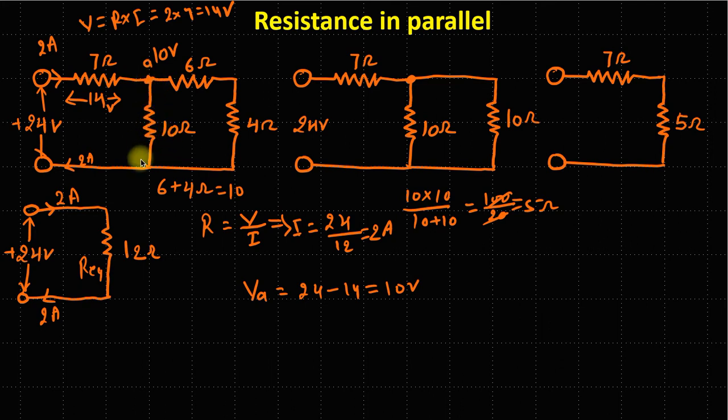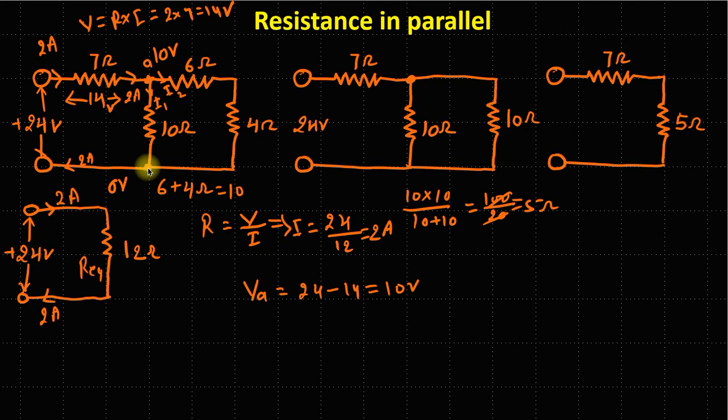So the voltage at this point is 10 volt and the resistance is 10 ohm. So we can calculate the current of this branch. Here you will get the 2 ampere current, and the 2 ampere current will be divided here and here. Suppose here is I1 and here is I2. For this branch we know the 10 ohm resistance and the voltage at this point, and the voltage at this point will be 0 volt because this is the ground terminal of the battery.